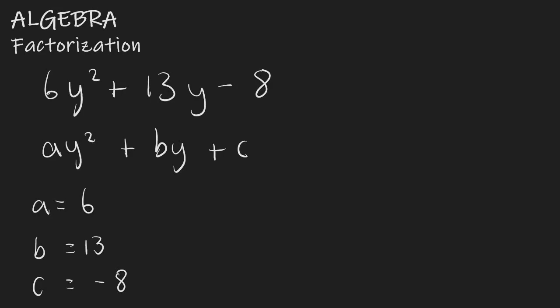We now use a, b, and c to complete our sum product table. The sum column is equal to b. In this example, this is 13, and the product column is equal to ac. In this example, this is 6 times negative 8, which is equal to negative 48.